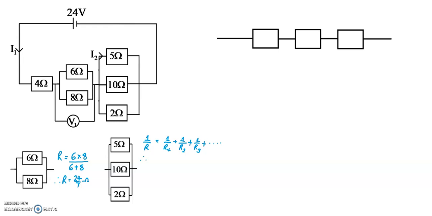Therefore, for these 3 resistors in parallel, we have 1 over R equals 1 over 5 plus 1 over 10 plus 1 over 2. And this gives 4/5.